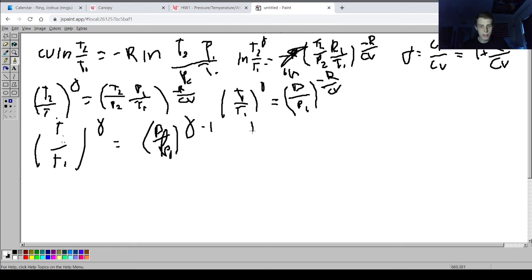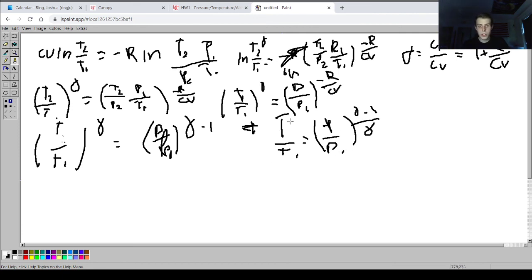So we'll have T, which should be uppercase, T over T1 is equal to P over P1, and this will now be to the power of gamma minus 1, which we had before. And when we bring the gamma over to the other side, it will now be divided by gamma.